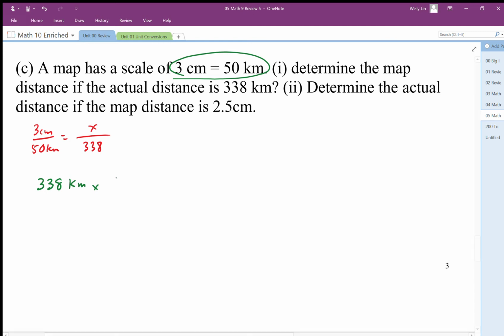And to make this work, I just need to make sure that my units cancel out. So kilometers on top should cancel kilometers on bottom, and we're going to be left with 3 centimeters on top, the centimeter units on top. So times on top, divide on bottom, we're going to end up with 20.28 centimeters.